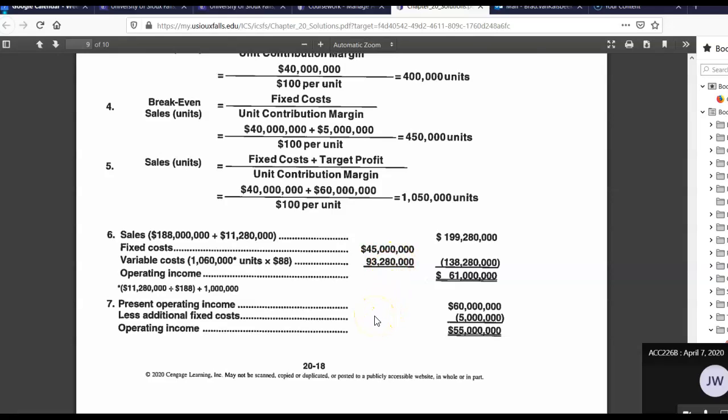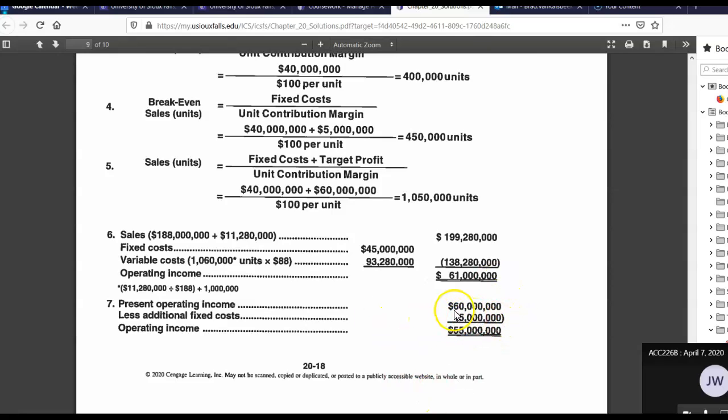And then number 7, it just reads, if the proposal is accepted and sales remain the same. And why is that such a great question? Who would love that question? The bank. The bank would want to know, we lend you another $5 million, and then your proposal doesn't happen. Something falls through. Where are we going to sit?